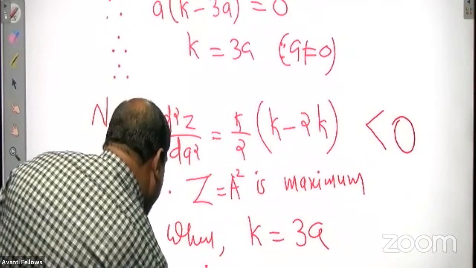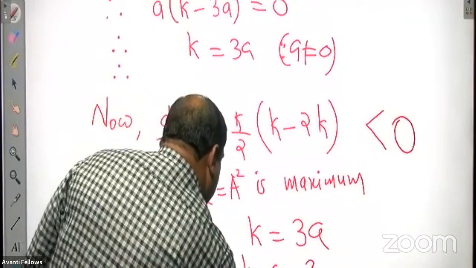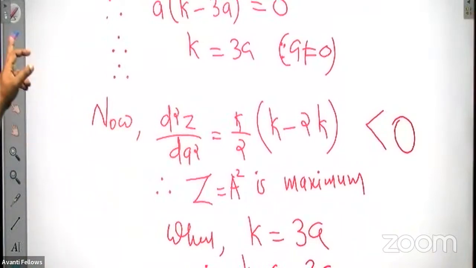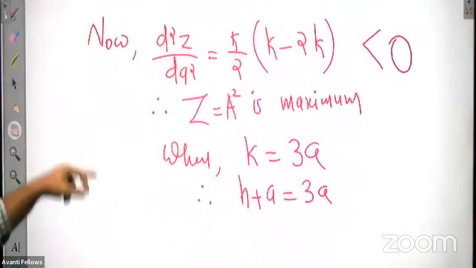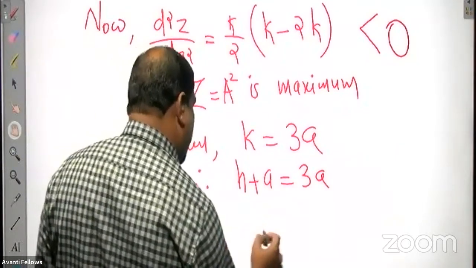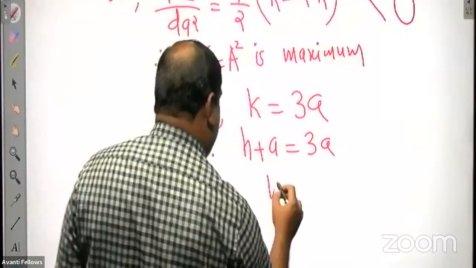Now what is k actually? K is equal to h plus a. So that means you will get h is equal to 2a.